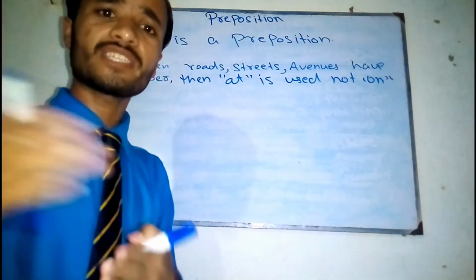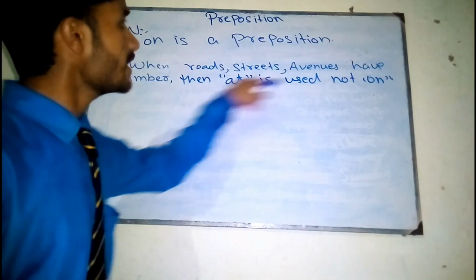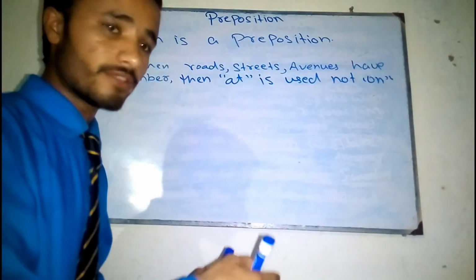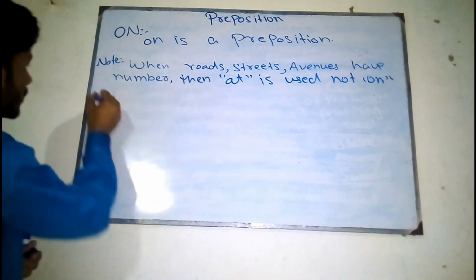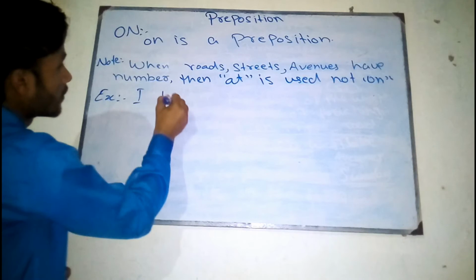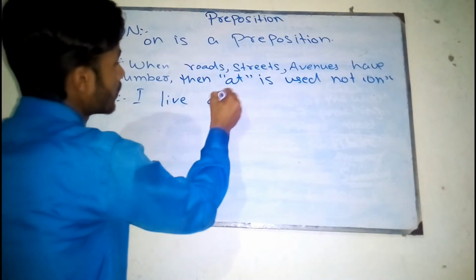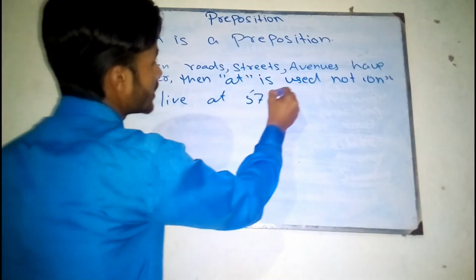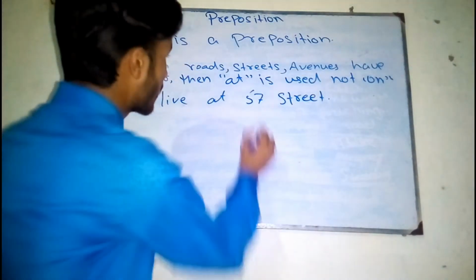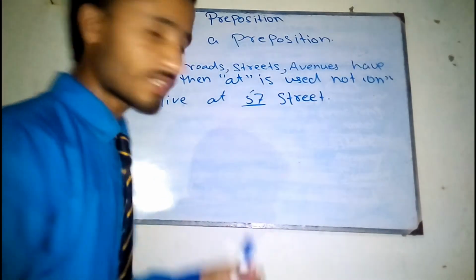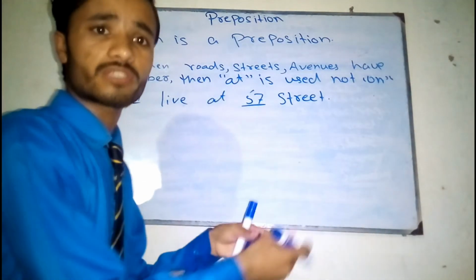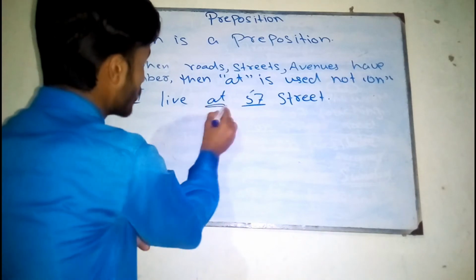Mostly people get confused while using "at" and "on". So let me tell you, guys, whenever there is a number, if I give you an example: I live at 57th Street. By number I mean digits. Whenever we have this kind of digits before the street or road or avenue, then we use "at", not "on".